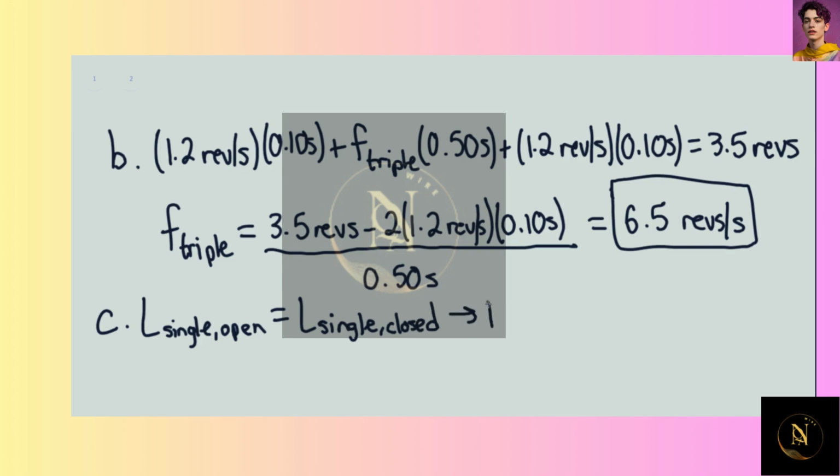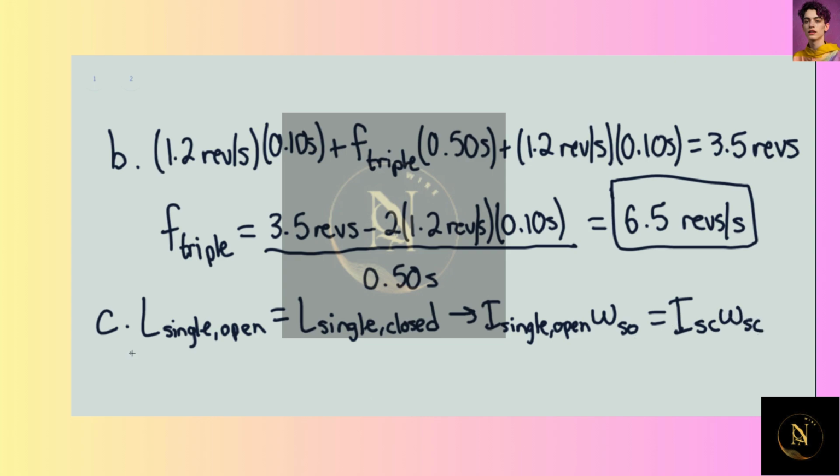And this would give us the moment of inertia of the single open multiplied by the angular velocity of the single open equals moment of inertia single closed angular velocity single closed.